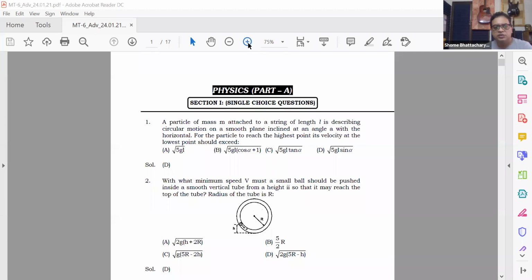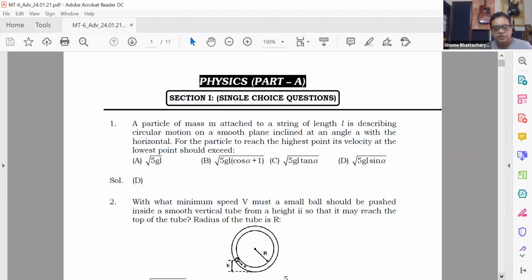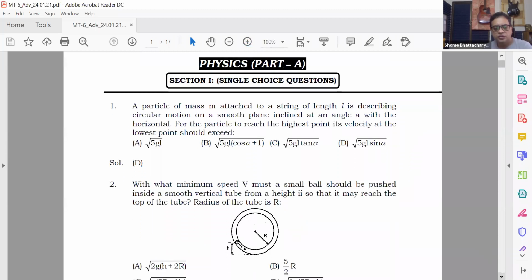So in this situation, when you have a tube like this, which is smooth, the condition for the object to reach the top is that whatever speed you give over here, when it reaches the top, it should have v greater than or equal to 0 to reach, let's say, that point A.